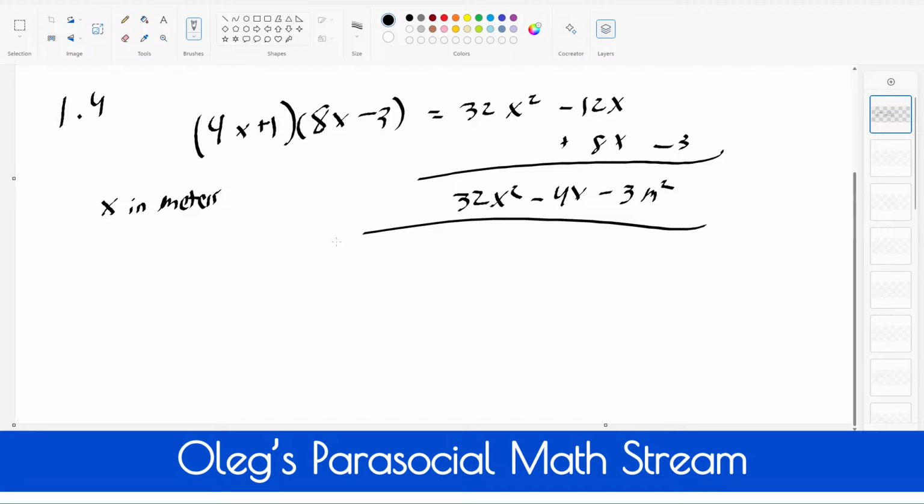So you just have to put that on the end, basically. I guess this applies to the whole thing. Okay, yeah, so you just have to put meters squared. If this was x in feet, it would have been 32x squared minus 4x minus 3 feet squared. So that's how it would have been. Okay? So that was 53.